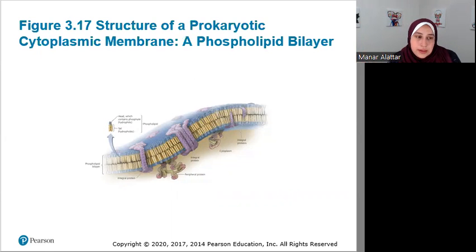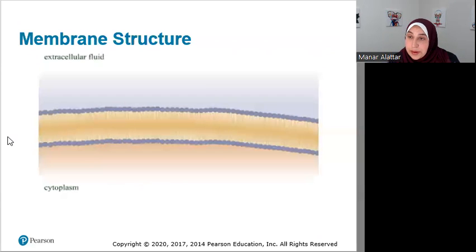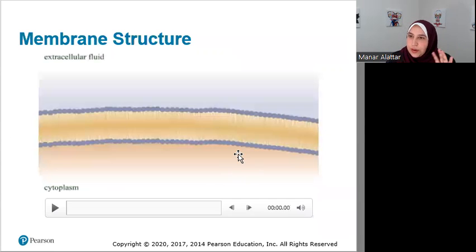Okay. And so you can see here, bacteria have a phospholipid bilayer similar to eukarya. When we talk about archaea, we'll see that there's a little bit of a distinction with archaea. And so you have these hydrophilic heads on the outside of the cell and the inside of the cell, and hydrophobic tails in the middle here.